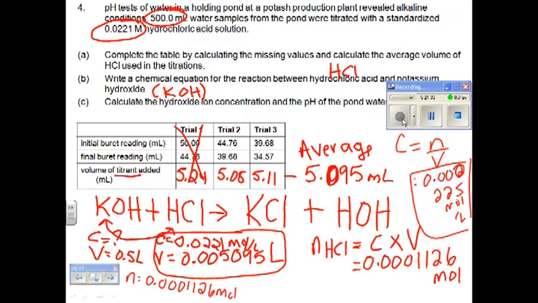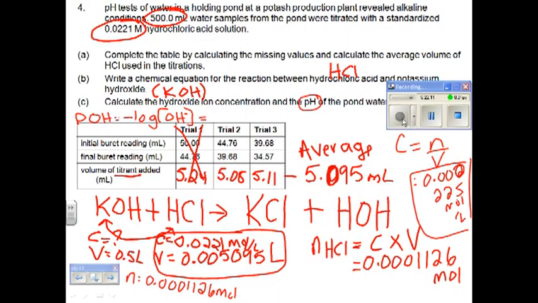Now, that is the key thing here. Most of the time when you do these questions, you're only being asked to find the concentration. This question, they said find the pH. Well, KOH is what we found the concentration of. KOH, is that a strong base or is it a weak base? It is strong, so we can find directly pOH. pOH is negative log of the concentration of hydroxide.